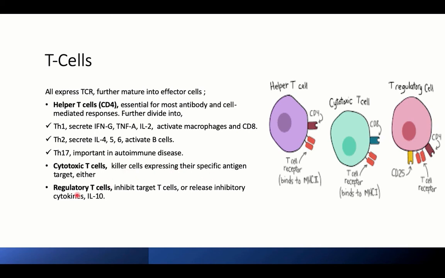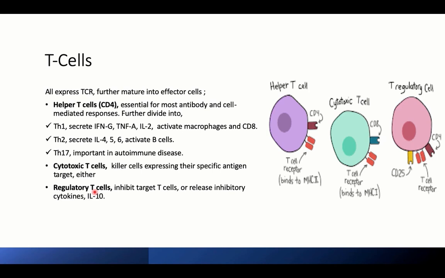And then we have regulatory cells having the cluster of differentiation 25. These inhibit target T cells or release inhibitory cytokines, interleukin 10. So it has a regulatory function. Otherwise, uncontrolled immune response may be harmful to the patient.